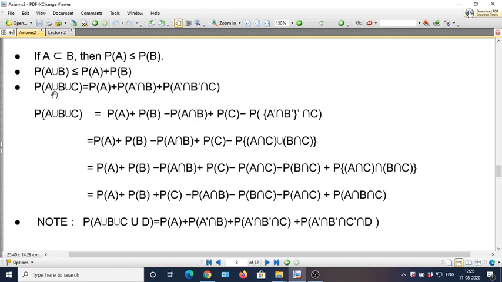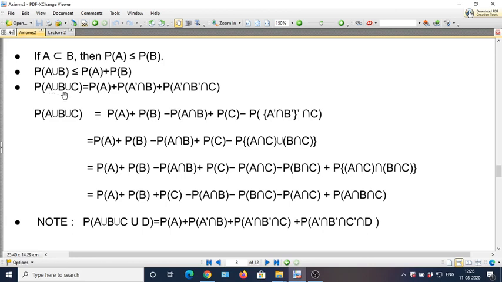Given an event A union B union C, we can always write it as a sequence as follows. This can be written as three disjoint events. One is A, another is A complement intersection B, another is A complement intersection B complement intersection C. So all three are mutually disjoint, but collectively they will give you this one. Therefore their probability measures add up.